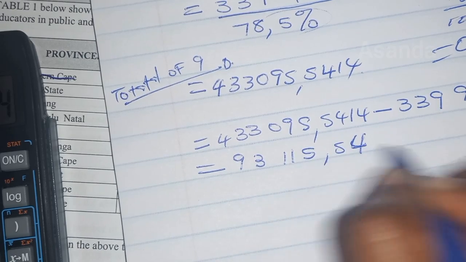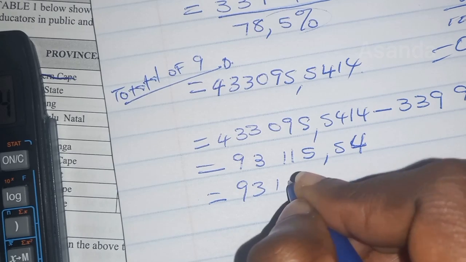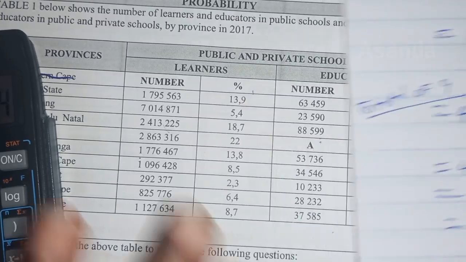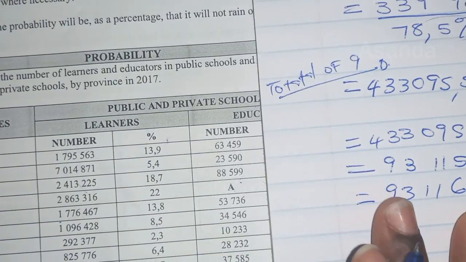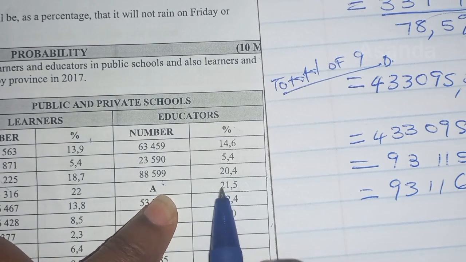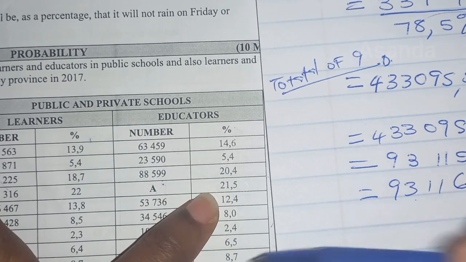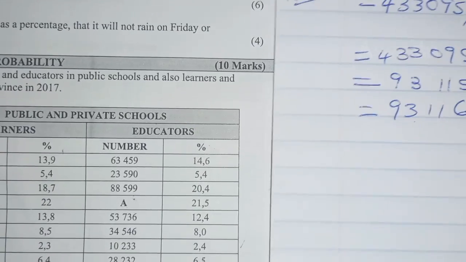Obviously there's no such thing as a 0.54 school, and therefore I'm just going to say 93,116. So as you can see, it's really high up there. It's the highest number, and the percentage is also the highest percentage. That one was a nice one.